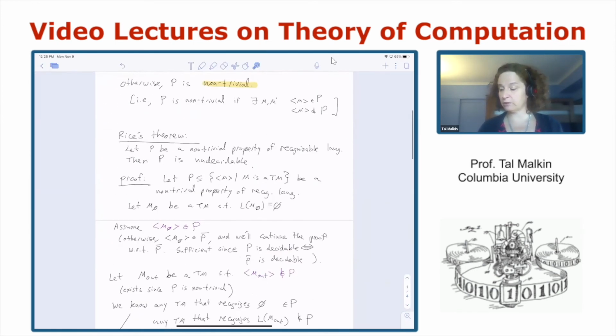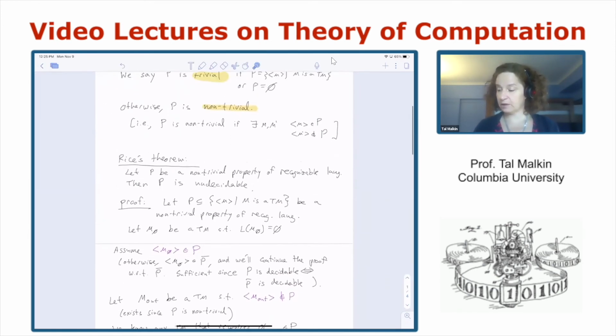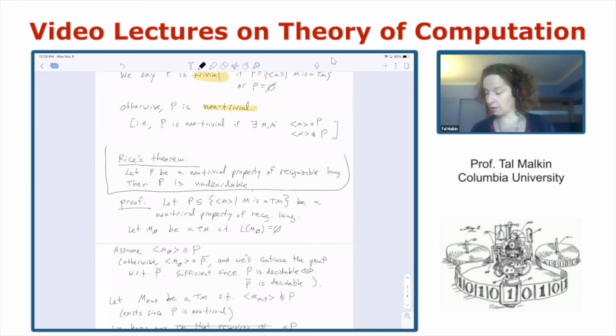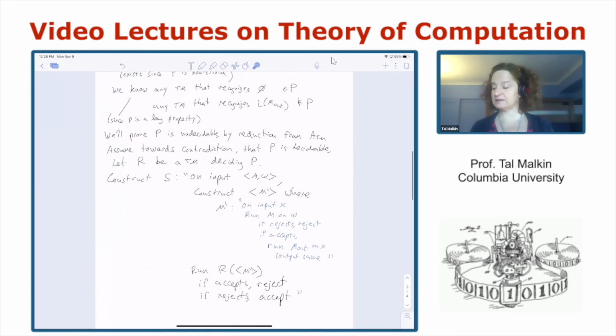Let me show you the theorem again. This is Rice's theorem here, which shows that every non-trivial property of recognizable languages is not decidable.